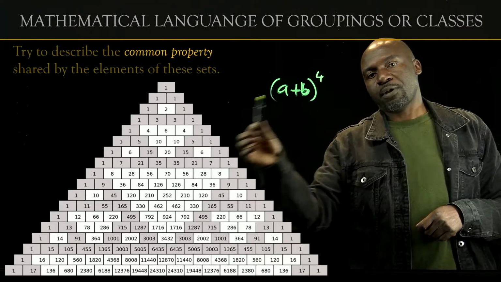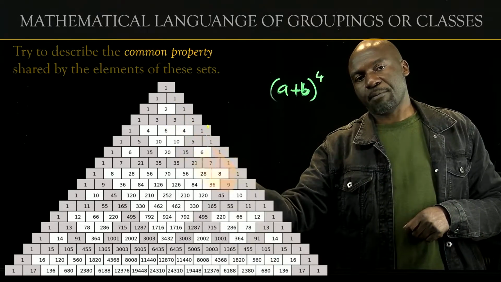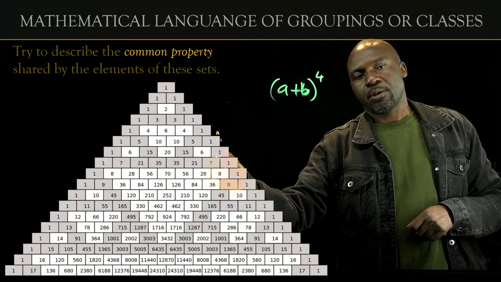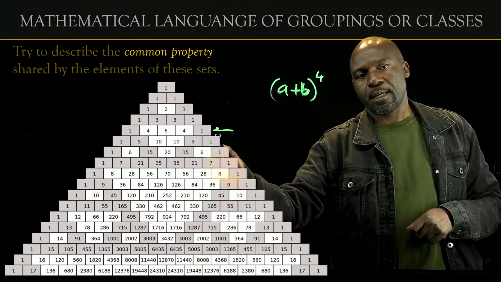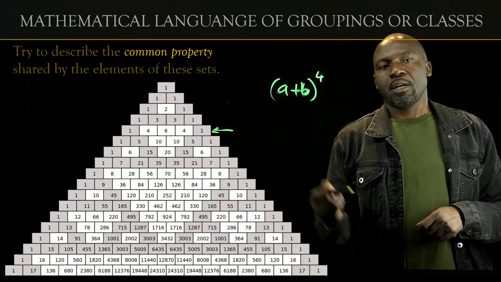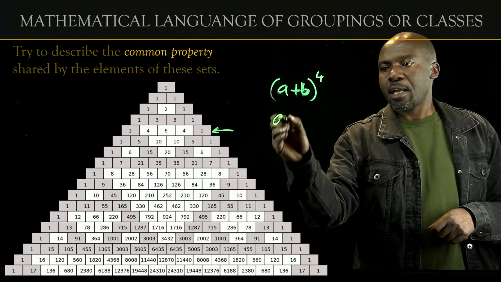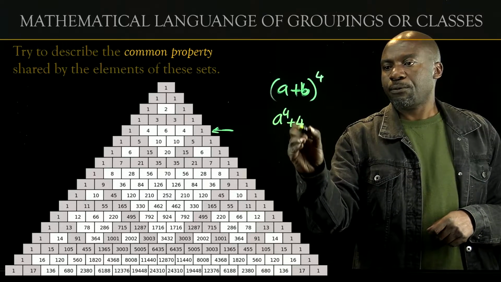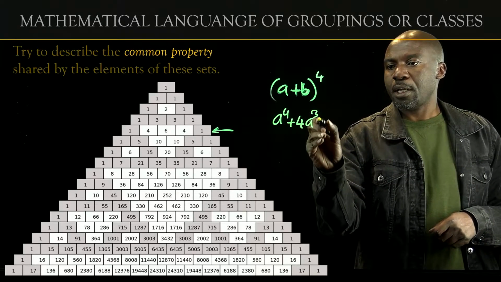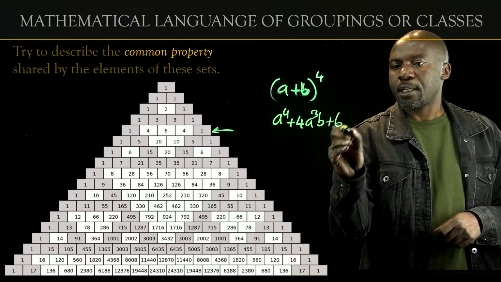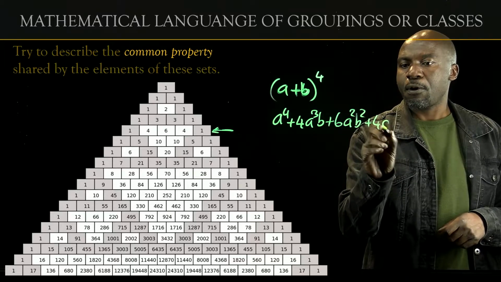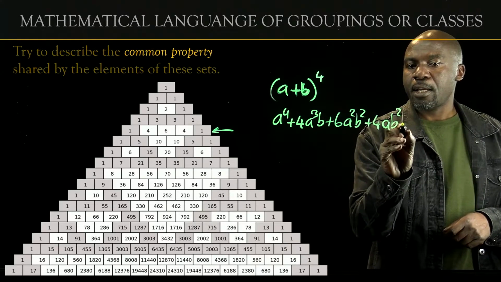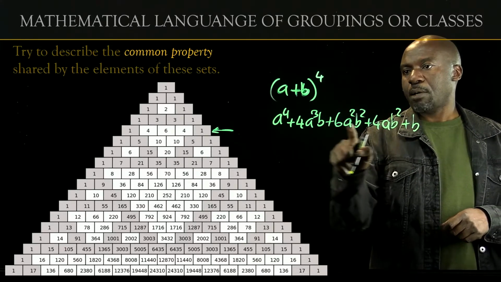If it is power 4, then I go to the line number of this line here. This line will give me the coefficients. So I will write this as a power 4 plus 4 a power 3 b plus 6 a squared b squared plus 4 a b power 3 plus b power 4.